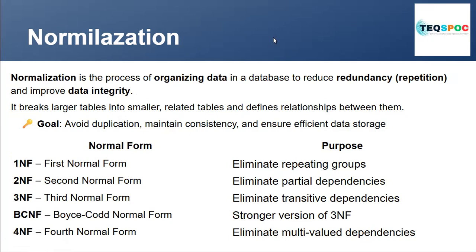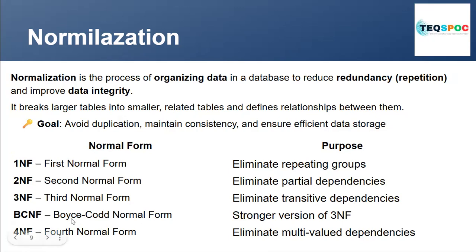1NF, 2NF, 3NF, BCNF. 1NF, the first normal form, eliminates the repeating groups. 2NF, the second normal form, eliminates the partial dependencies. 3NF, the third normal form, eliminates the transitive dependencies.